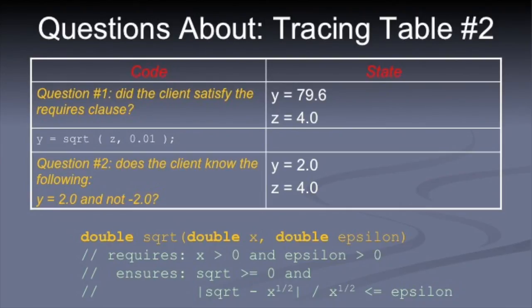Now the benefit to the client. The client can assume that the value returned by square root will be the positive square root value for 4.0, the first parameter. So the answer to the second question is yes. Finally, notice how we are able to reason about the behavior of square root without knowing its implementation details. That is, without looking at its code.